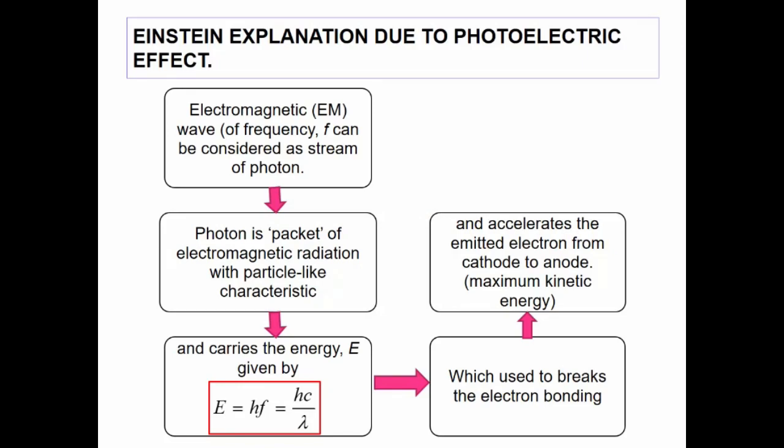From what has been explained by Einstein on the photoelectric effect, EM waves can be considered as a stream of photons. A photon itself is a packet of electromagnetic radiation with particle-like characteristics and carries the energy given by E = hf = hc/λ. Whenever an EM wave shines on a surface, especially metal, which we know has tons of free electrons on its surface, the photons of this EM wave are used to break the electron bonding and accelerate the emitted electrons from the surface of the cathode to the anode, as we experience in the photoelectric effect experiment.